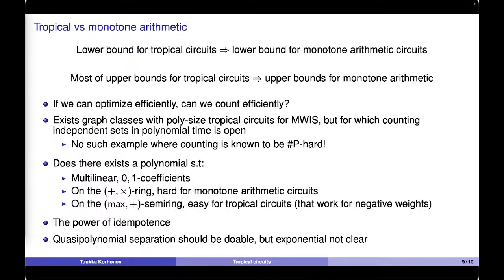I believe the upper bound is given by some color coding argument, while the lower bound is some W1-hard problem. But it's not clear how I would go about proving an exponential separation at all, and I'm not sure I even believe in one. It would be nice to hear if somebody knows if this is related to any problem.